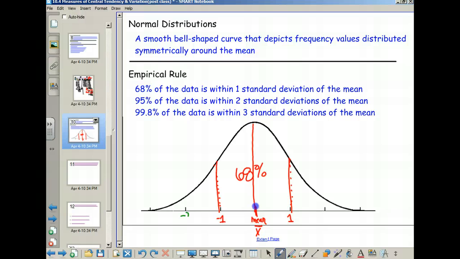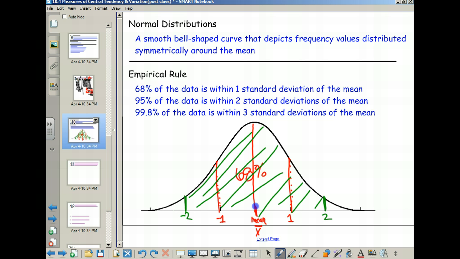Okay? Let me use a different color now. If I go out to -2 to +2 standard deviations, then this area that I've marked in green now, which includes all the area in red in the middle, mind you, is actually 95% of my data values. So in a normal situation, 95% of the values will be between -2 and +2 standard deviations.